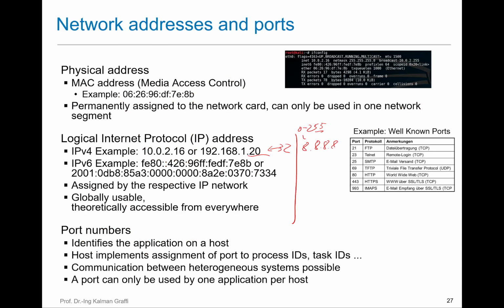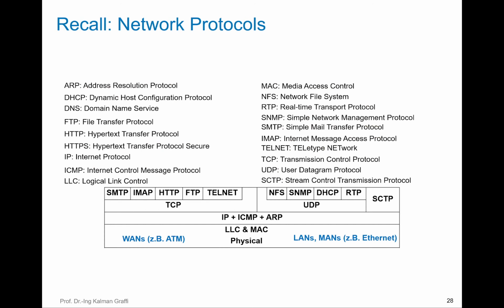Okay, I think we stopped somewhere here the last time. So basically there are lots of protocols around. The important part is that we need to be aware that this kind of layering always exists. So here we have the data link MAC layer, we have the networking layer with IP mainly, we have TCP, UDP, and then the application layer protocols.